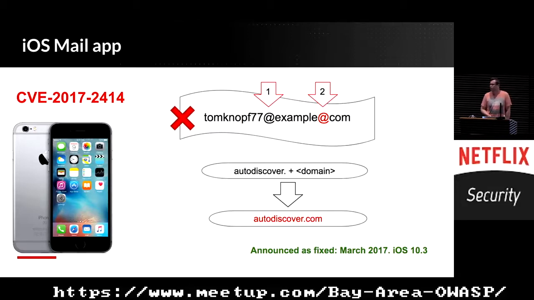The request will be done to autodiscover top-level domain, to the TLD actually. So this email is completely invalid, and first of all, they should not allow users to enter an email like this. What they actually do is take com as the domain part and send a request to autodiscover.com, or any other top-level domain, right?